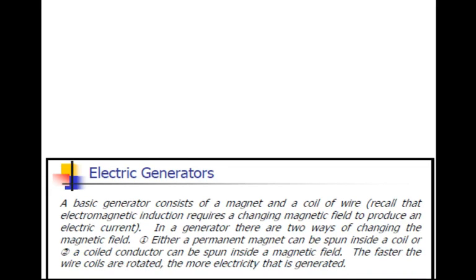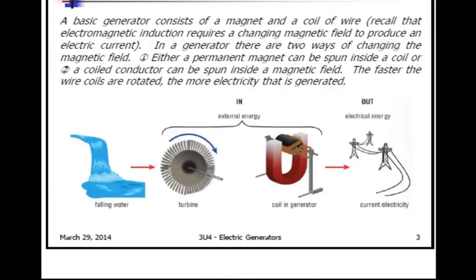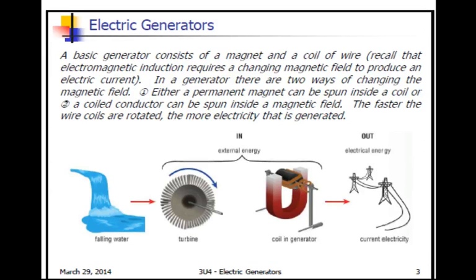Well, the idea, and we've talked about it before, is if we turn a turbine, we can turn a magnet inside of an electromagnet, and we can generate electricity through electromagnetic induction.